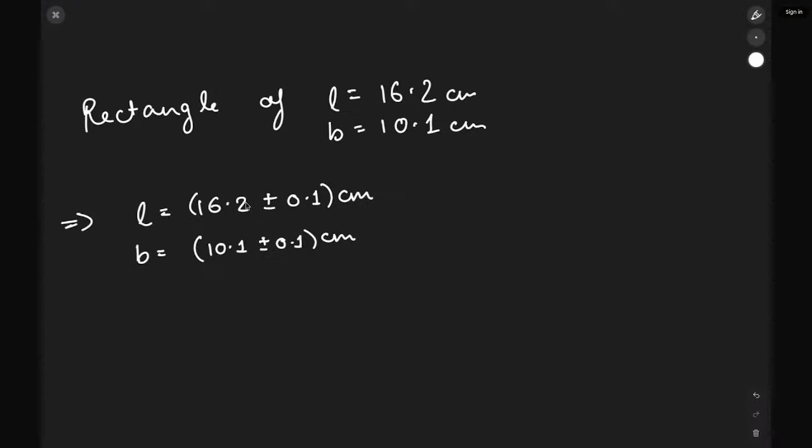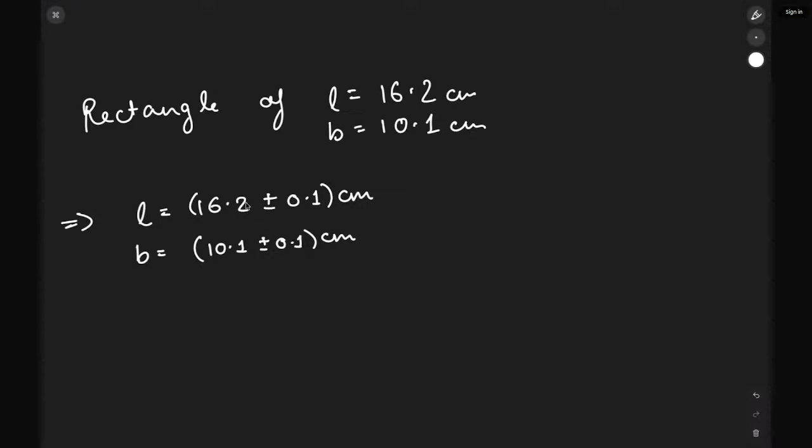So it will be 16.2 plus minus 0.6 percent centimeters, and this one will be 10.1 plus minus 1% centimeter.